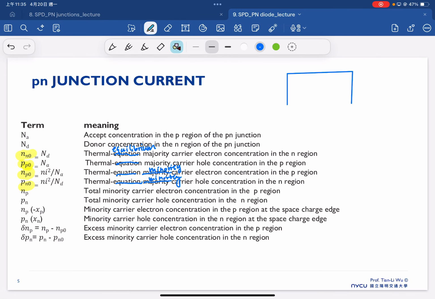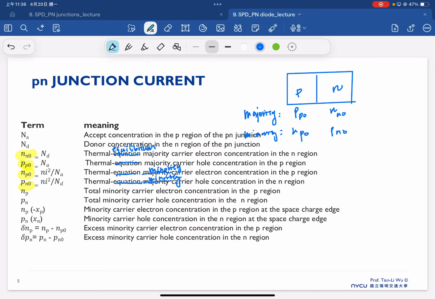So this will be easier to understand if we just plot it as a P N here. So the majority is PP0 and N0, and the minority is NP0 and PN0 here.